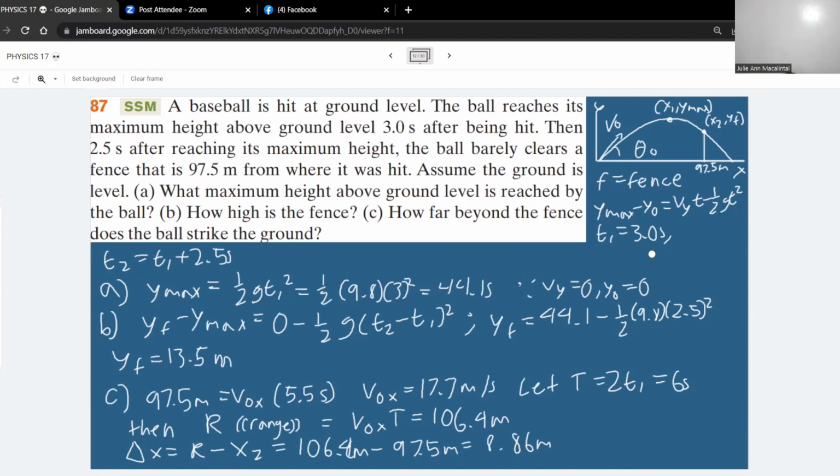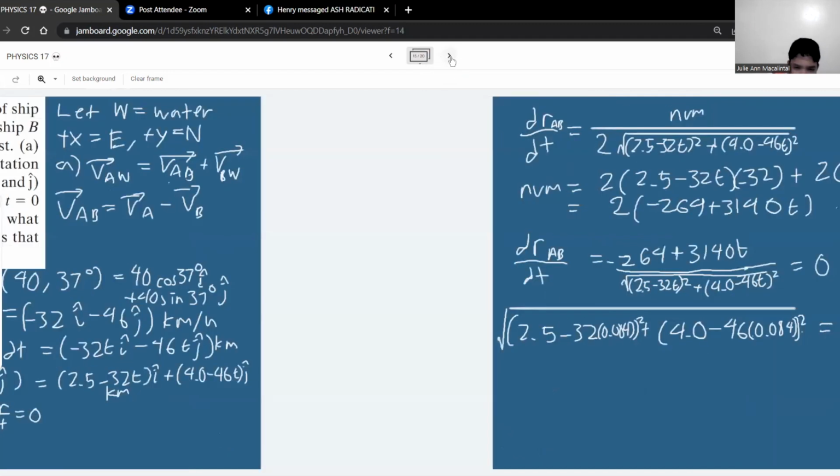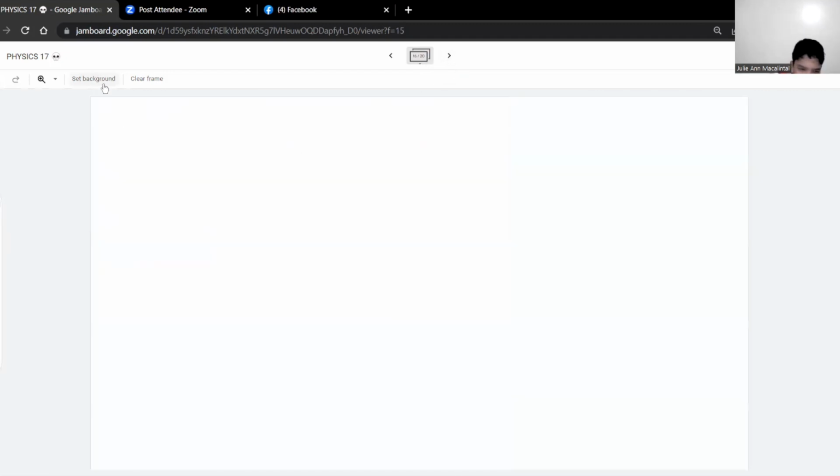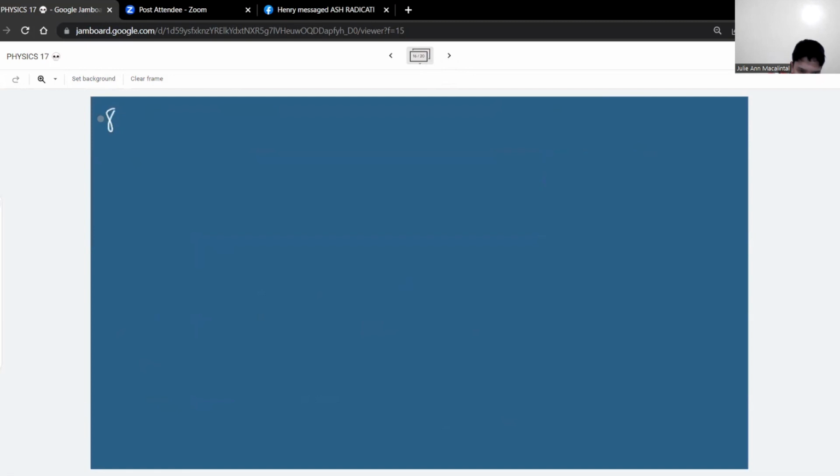Let's try this. Start from y equals negative 1/2 gt square plus v sub 0 sine theta times t, at saka x equals v sub 0 cosine theta t. Kasi yan lang yung nag-fit eh. So let's do this from scratch. Don't invoke the formulas.